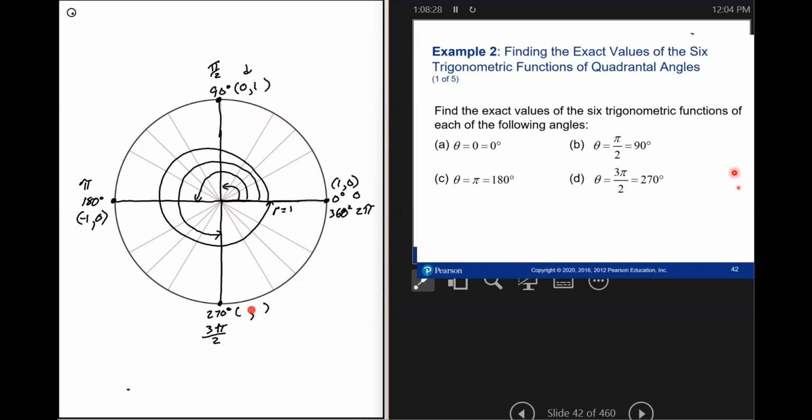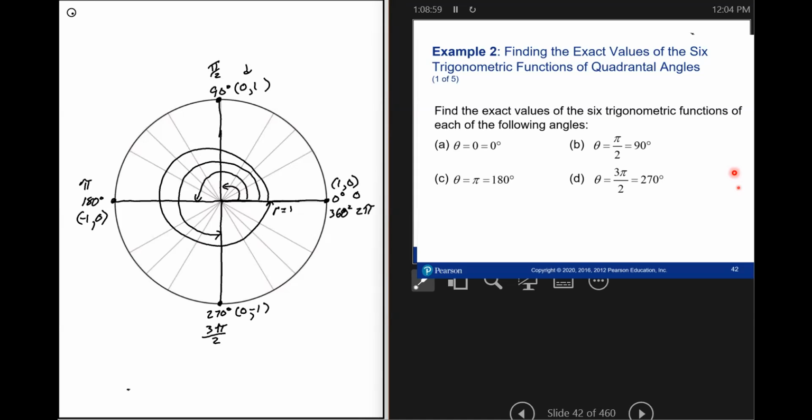So now this point, the Y value is -1, and the X value is still 0, because all the X values on the Y axis are 0. So now I can find the trig functions on each of these points, because I know what that ordered pair is for each of those points.